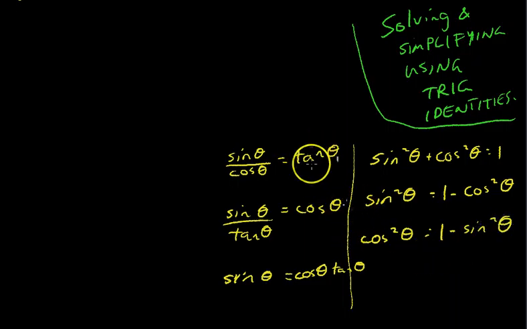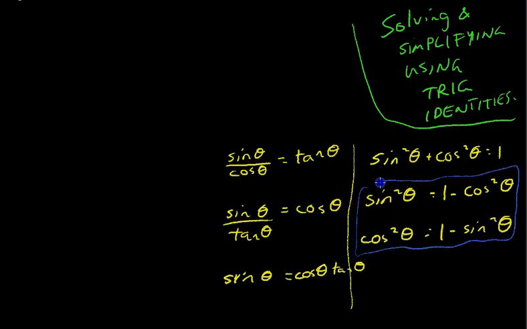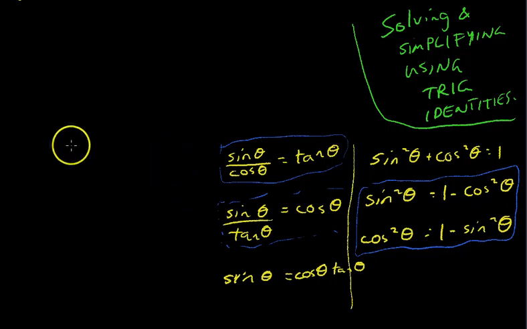Now, you'll find that you use these quite regularly, and you'll use this quite regularly as well, and you might use this a little bit as well. Let's give you an idea of some of the sorts of questions that you might be able to solve using these trig identities.